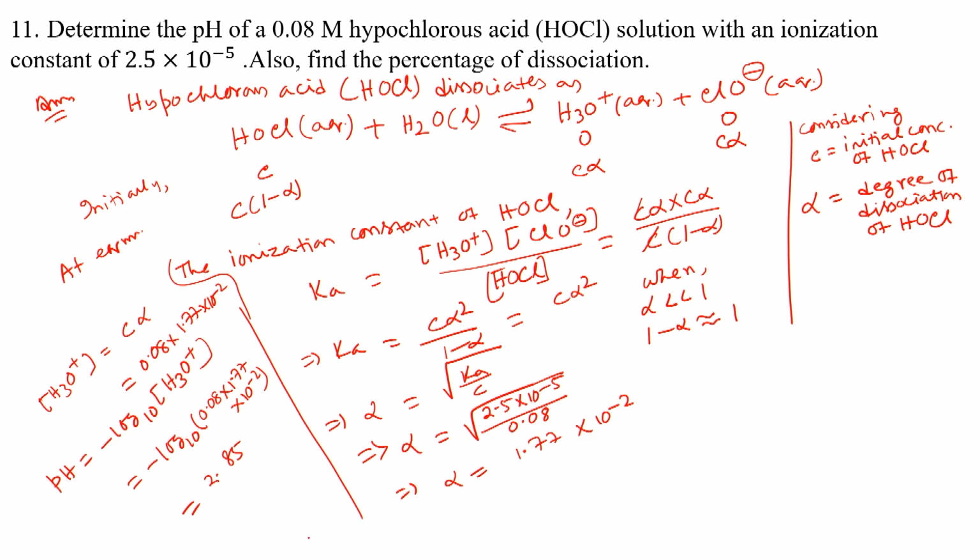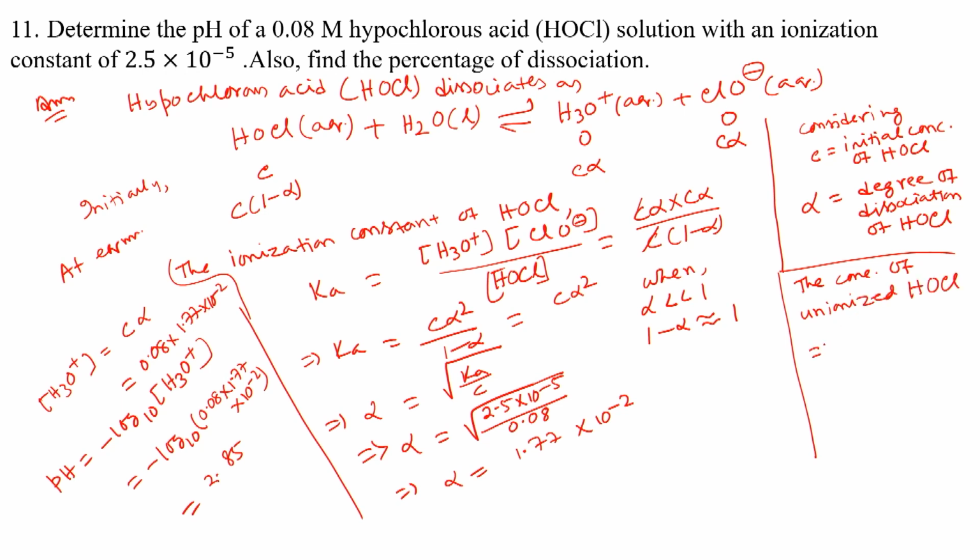Next we calculate the percentage of dissociation. In order to calculate that, we need to basically calculate the unionized HOCl. The concentration of unionized HOCl at equilibrium is C times 1 minus alpha.